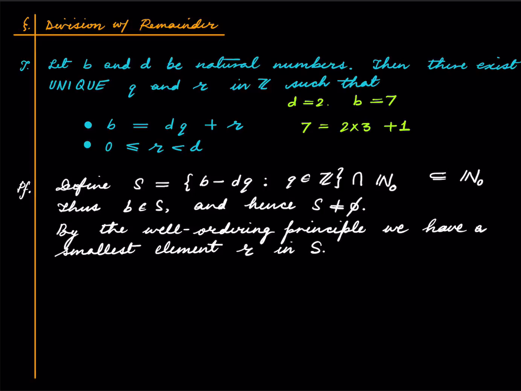So obviously, thus, this is obvious because R lies in the set of whole numbers. We've chosen something which is smallest in S, and S is a subset of this set. So R is non-negative.